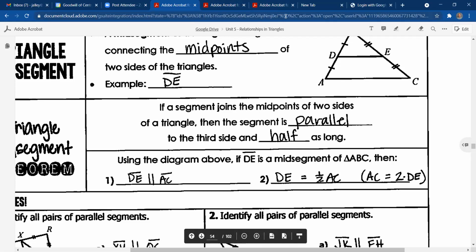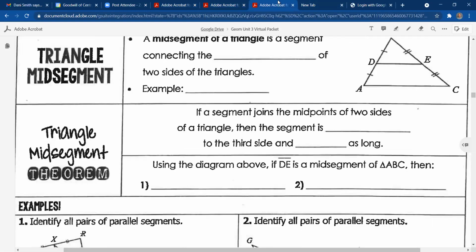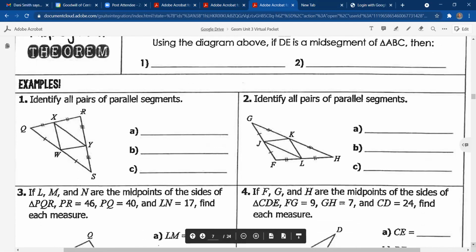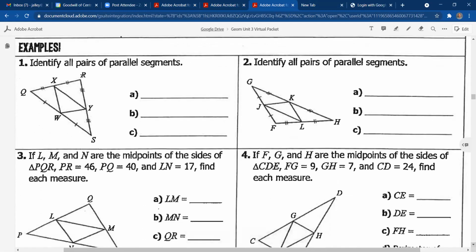Questions? Anybody? Oops, wrong one. There we go. And if you look at these examples, you can have as many of these mid-segment lines as there are sides in a triangle. All pairs of parallel segments.